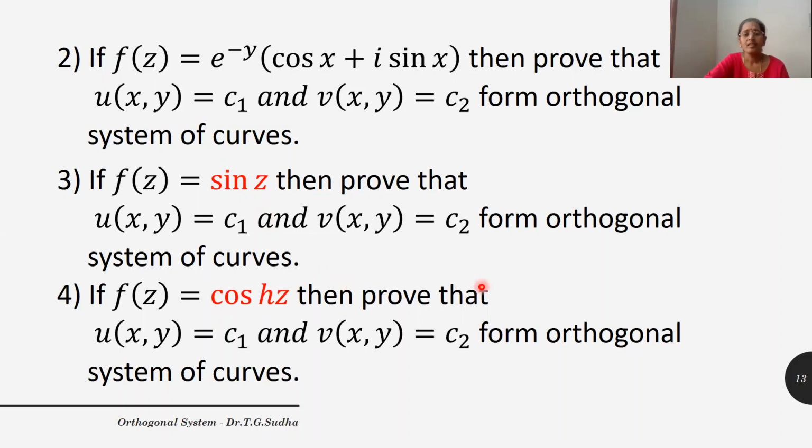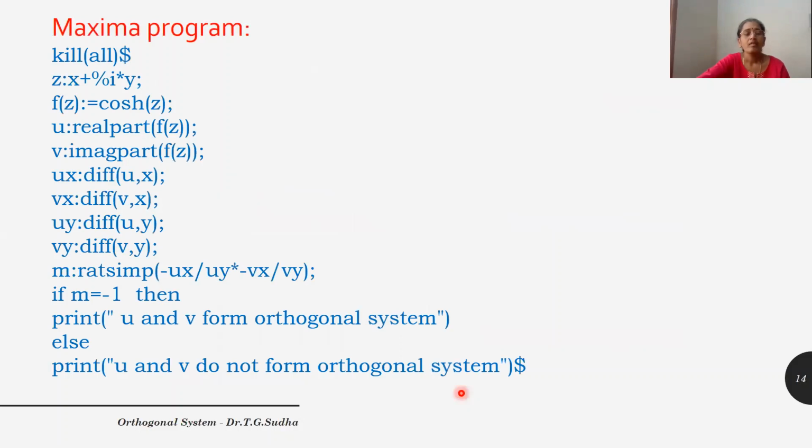So let us see one of the examples with Maxima code. So here see kill(all). And we need the substitution for z here, that is x plus iy. So x plus %i star y. So this is the extra line we need to add when the given function is in terms of z.